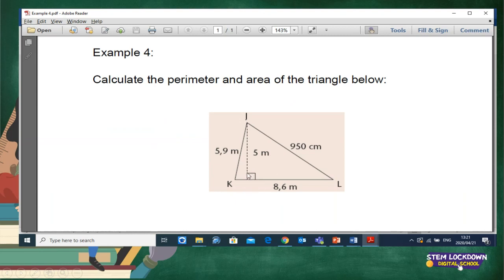This is 90 degrees. And it is formed by the line that moves from the vertex J to the line KL.